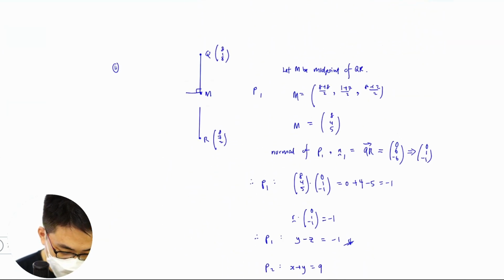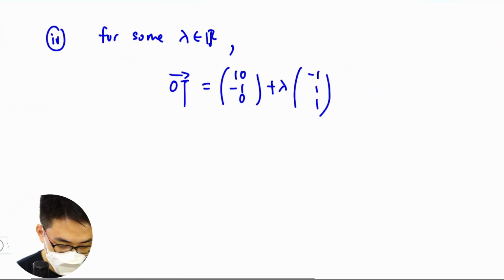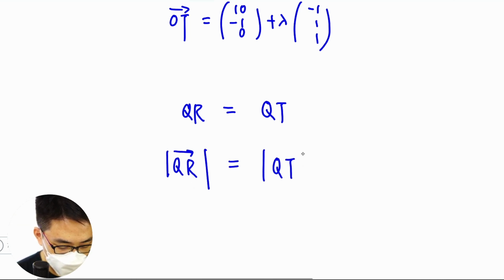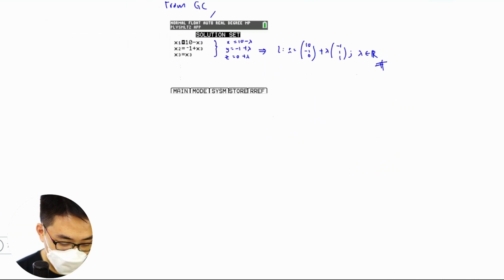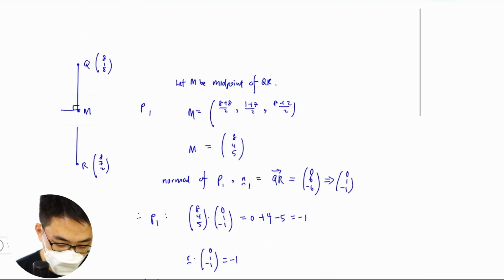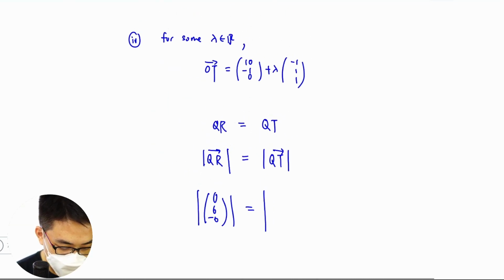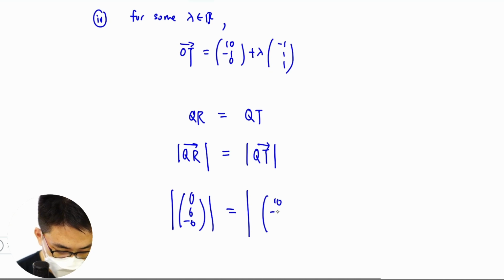QR is 0, 6, negative 6, which we found just now. So modulus QR equals modulus QT. Then QT is OT minus OQ.